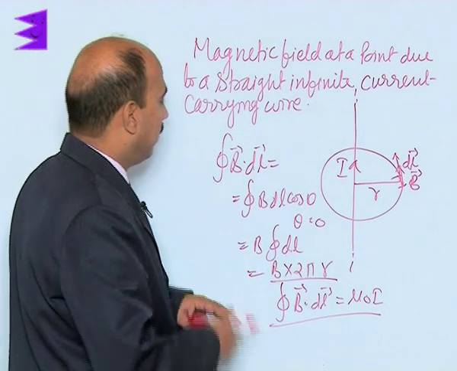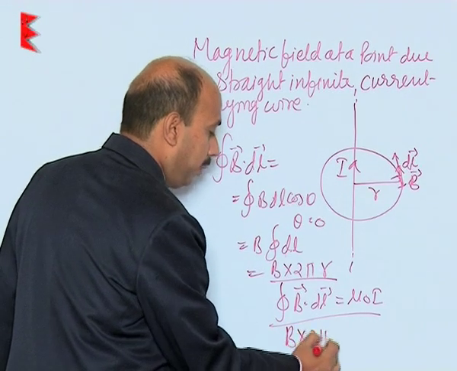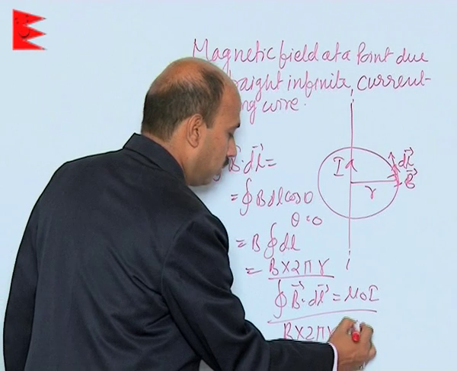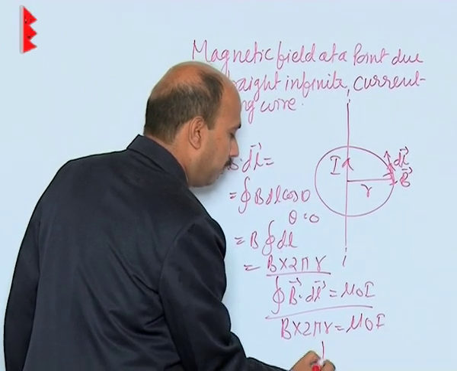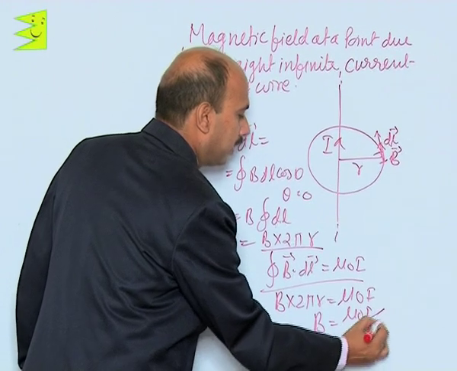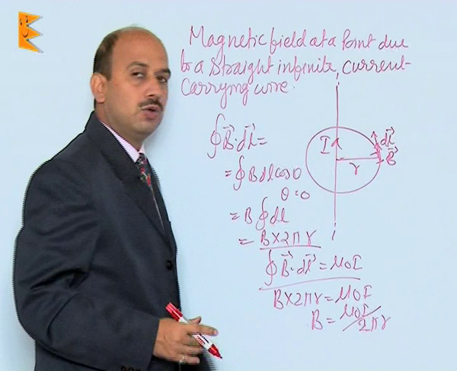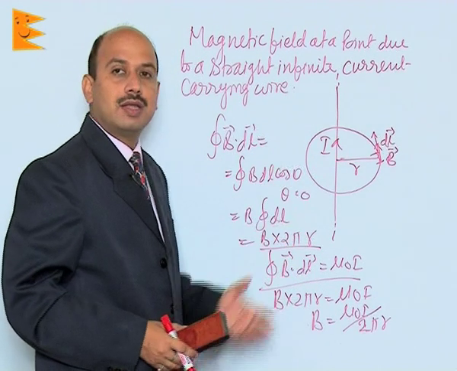When we take these two equations, then we can write B into 2 pi r is equal to mu naught I. So, B is equal to mu naught I upon 2 pi r. So, this is the magnetic field at a distance r due to an infinitely long straight current carrying conductor.